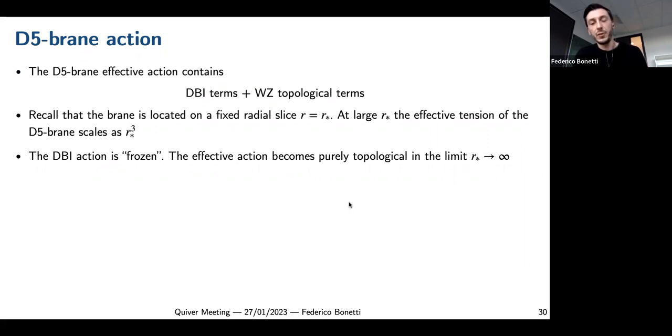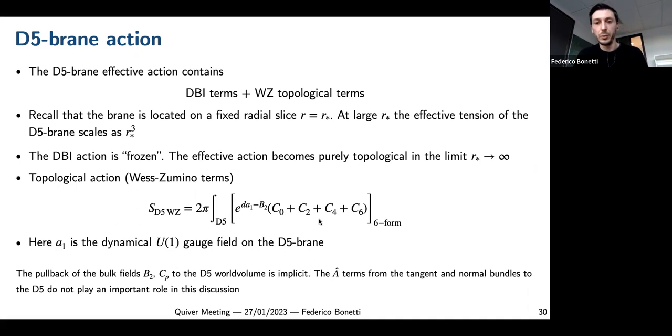Now, since we are at a fixed and large radius, the effective tension of the DBI action is very large, and that effectively freezes out all the non-topological couplings that we have there. All that survives, therefore, are the topological terms, and they take this well-known form. There is this formal sum over all the Ramond-Ramond potentials, and then the B2, and crucially, here we see the appearance of the U1 gauge field that lives on the D-brane.